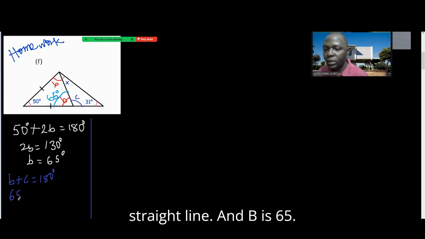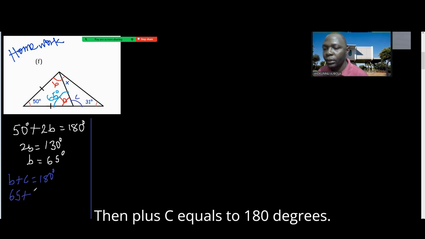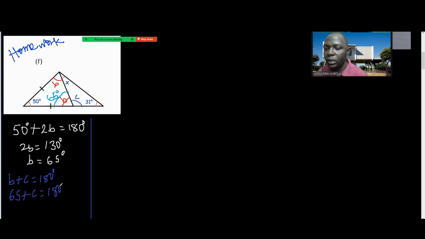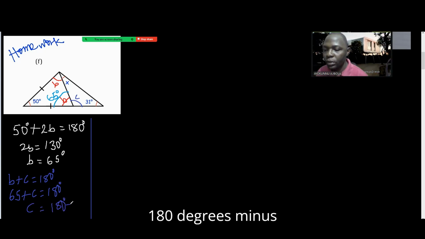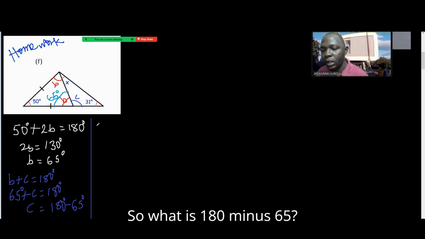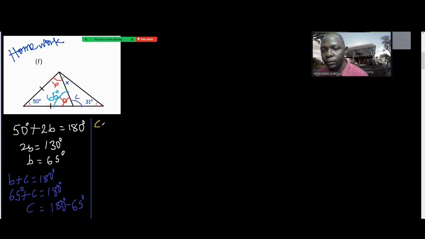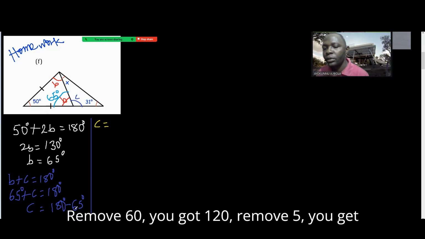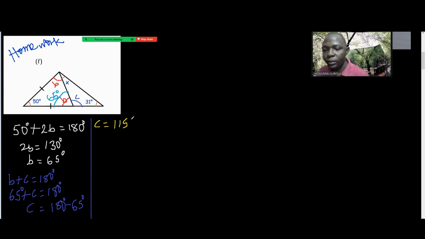And B is 65, then plus C equals 180 degrees. So C will be what? 180 degrees minus 65 degrees. So what is 180 minus 65? Remove 60, you get 120. Remove 5, you get 115.